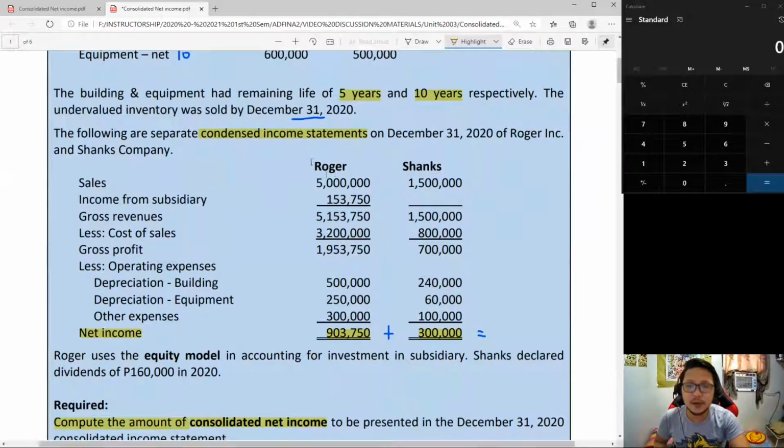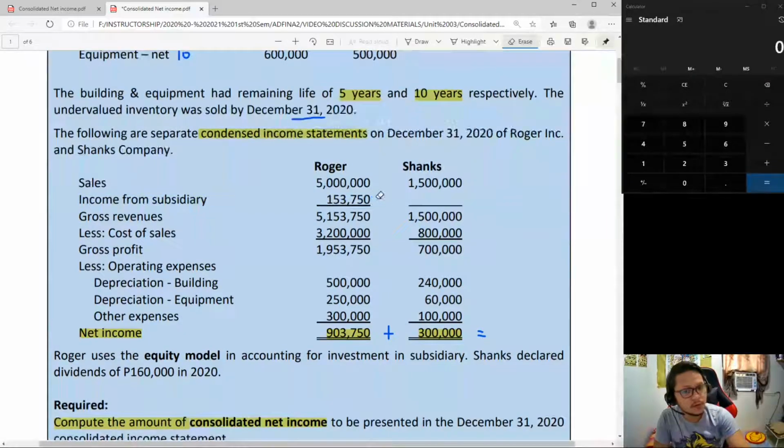Like for example, si Roger as the parent company of Shanks accounted for the investment at equity method, which is why si Roger po, by the end of the year, nag-report siya ng income from subsidiary by way of computation through equity method. And take note that this income is coming from Shanks. That income is actually a portion of the net income of Shanks. Kasi this is the share in net income of Roger in the operations of Shanks.